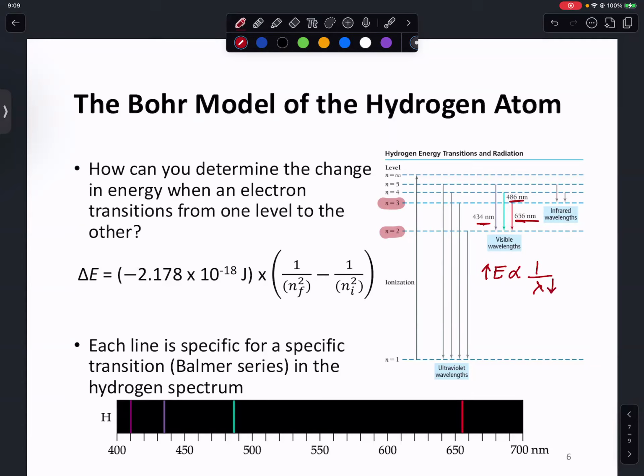This is why the red here is at a longer wavelength, because the difference between n3 and n2 is relatively smaller than the difference for n4, which appears at a shorter wavelength. And then we have finally the violet transition, which is 5 to 2.